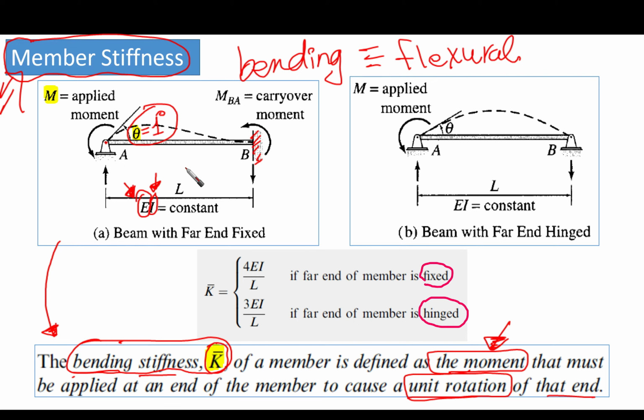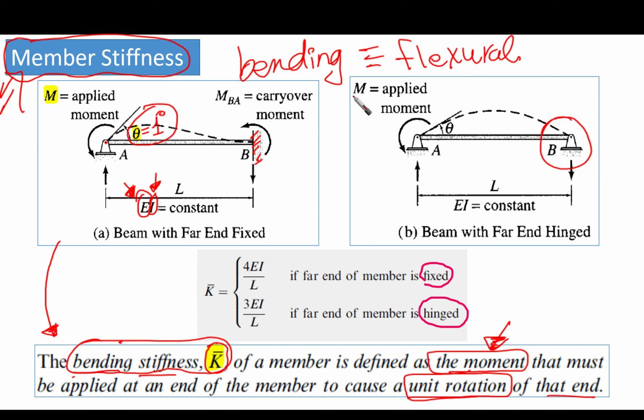And we found something very interesting: it is not only a function of the member itself, its length, material and inertia, but also of the far end. Take care, I'm talking about the far end, not this end A, I'm talking about B. If the far end is fixed, there is a value for this moment different than if the far end is hinged.